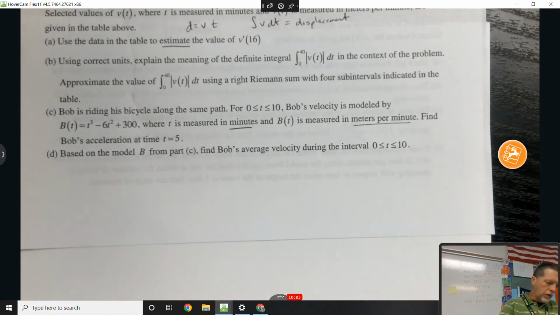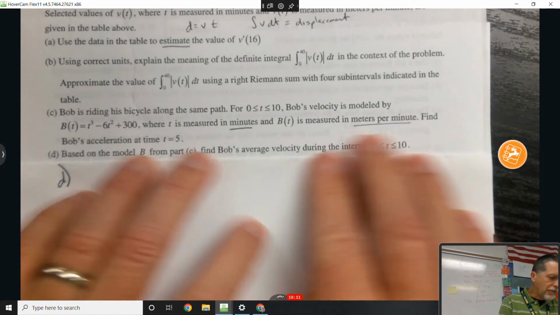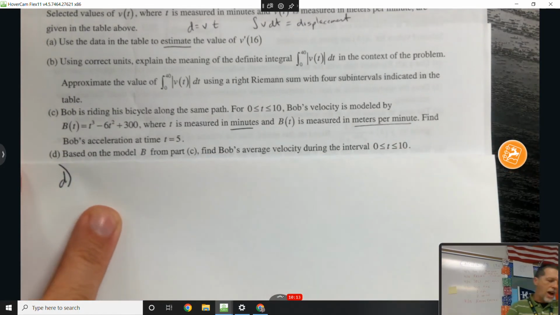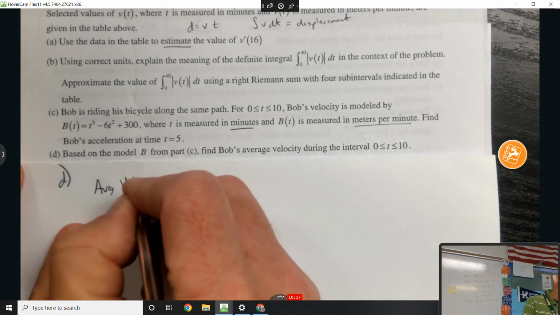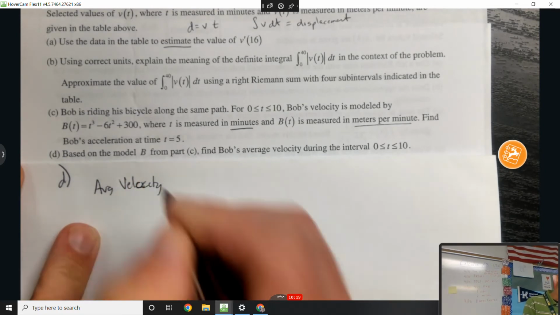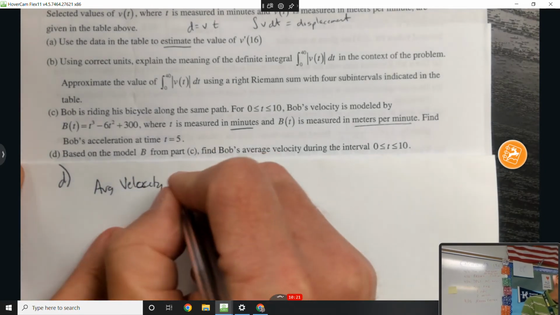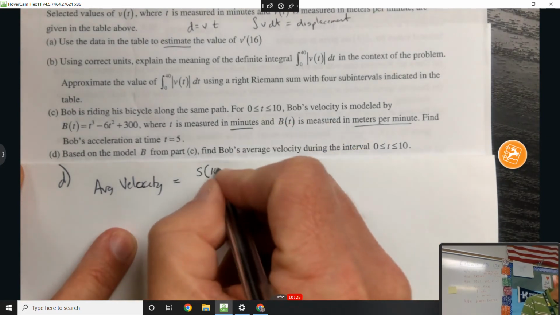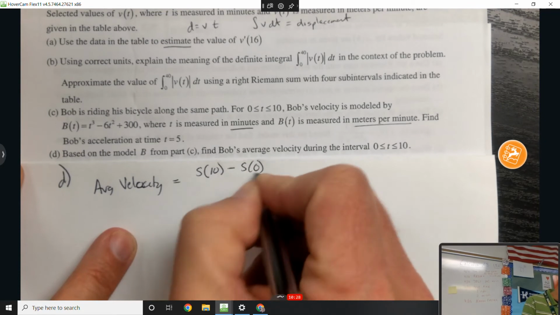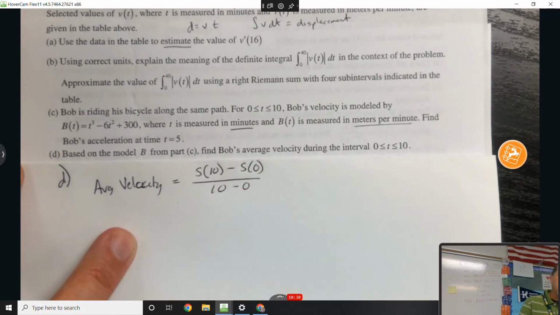We know that part D, though, is usually not so straightforward. Based on the model B from part C, find Bob's average velocity. Average velocity. Okay, there are a couple ways to think of this. It's S of 10 minus S of 0 over 10 minus 0.